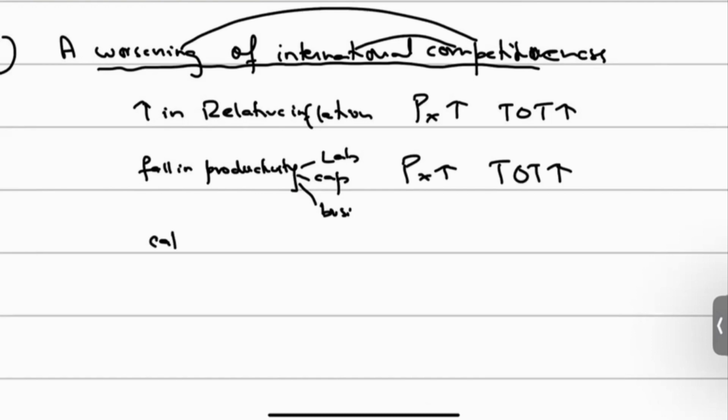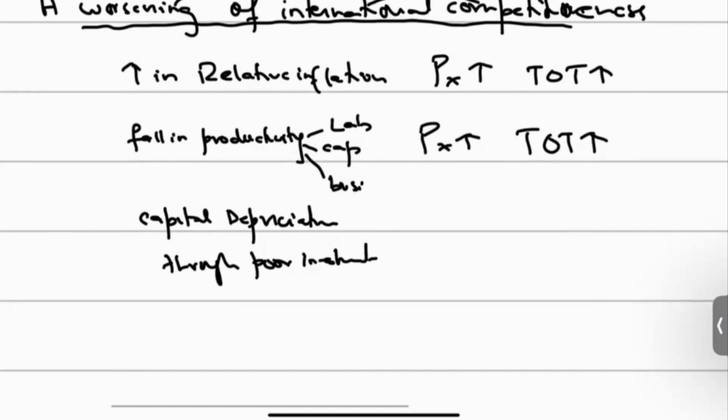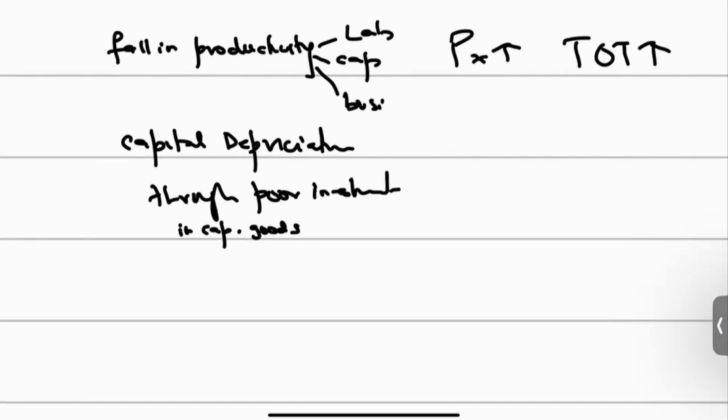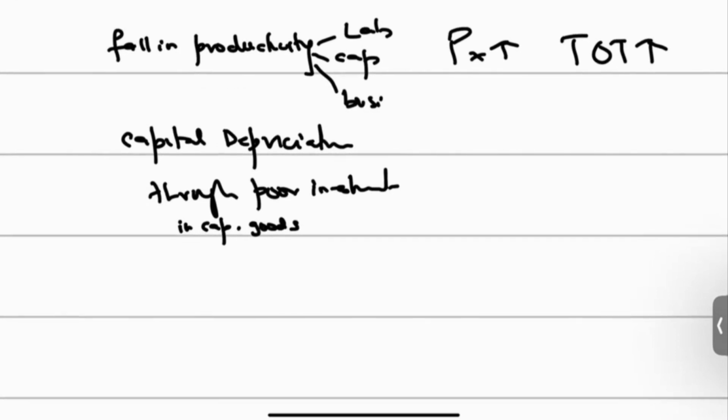Another reason is capital depreciation. So if there's a depreciation of capital through poor investment in the economy, we know that capital depreciation because of poor investment in capital goods can end up causing structural problems for the industries, and that could ultimately result in a long-term rise in cost of production for firms and the economy, causing a decline in productivity and efficiency of output.